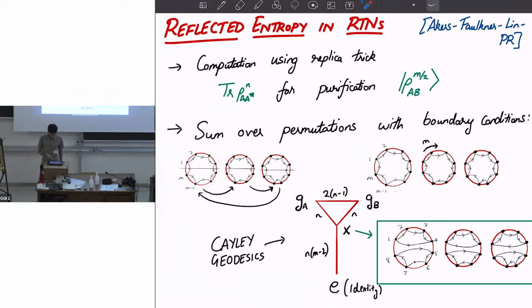It just corresponds to gluing each of these m over 2 copies with themselves, which lies at the junction point. If you look at a geodesic going from the identity to either GA or GB, it follows the same route all the way until this X, where it splits into 2 parts, one which goes to GA and one which goes to GB.